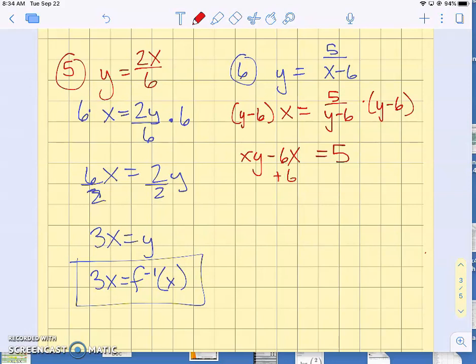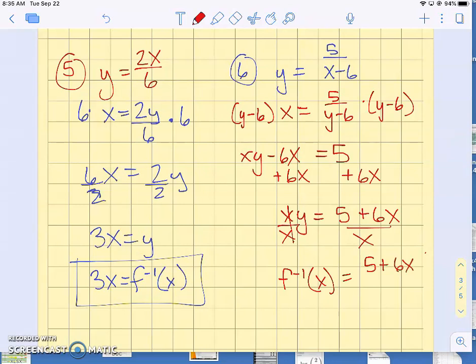Let's add 6x. So we have xy equals 5 plus 6x, and then let's divide by x. And I'm going to go right to that inverse since y is by itself. So our inverse is 5 plus 6x over x.